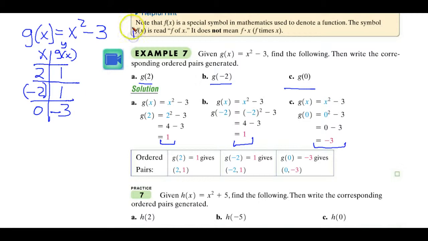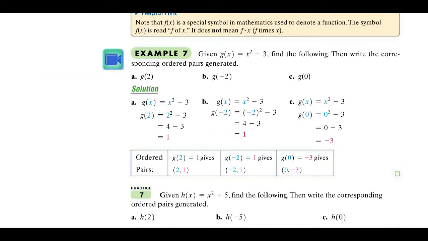This is just function notation. It does not imply multiplication. They're going to give you some value of x that you put into the machine, which is the formula, and then you're going to get an output. Okay, and you'll be practicing this as well.